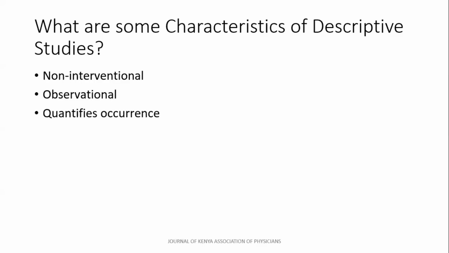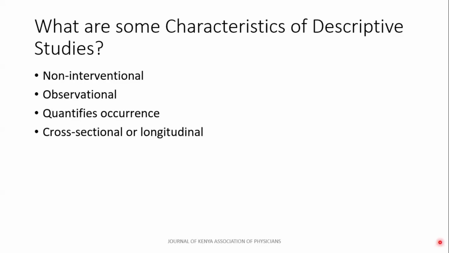Then they also quantify occurrence. So descriptive studies are great for measuring how often something happens. So for example, what percentage of children under 5 are fully vaccinated, or how many adults smoke daily. So it's just about counting and describing whatever data we're getting, not really testing relationships.